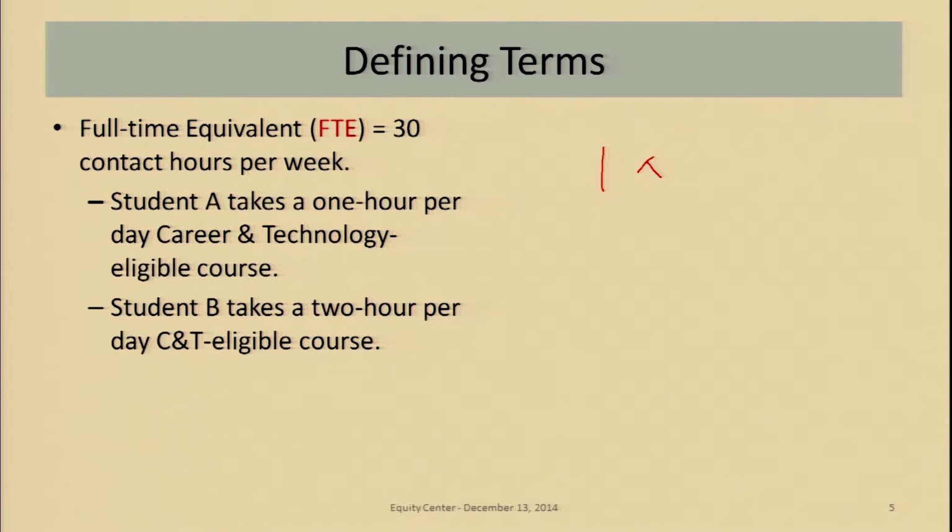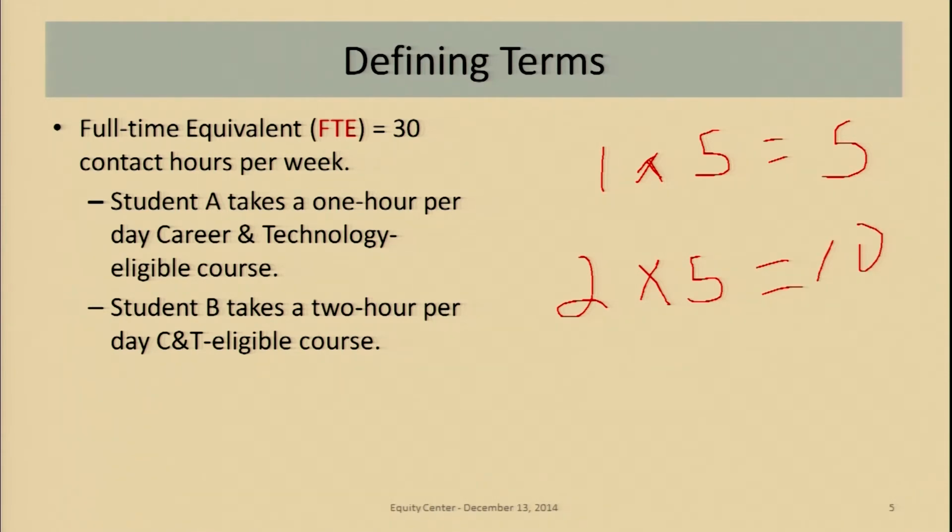So you take that one and you multiply it by 5 days in that week, and you get a total of 5. All right, student B now takes a 2-hour course, and over the course of 5 days, that's 10 hours. So you have a total number of contact hours of 15 just in those 2 students.